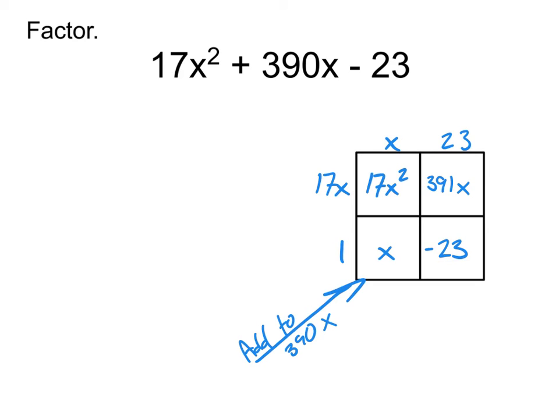Well, in order for them to add to a positive 390, that means I want the 391 to be positive, and I want this x to be negative. Well, if that x is going to be negative, then the 1 has to be negative. And now I have my factored form. If I read across the top, I see an x and a positive 23. And if I read down the left-hand side, I have a 17x, and I have a negative 1. And there's my factored form.